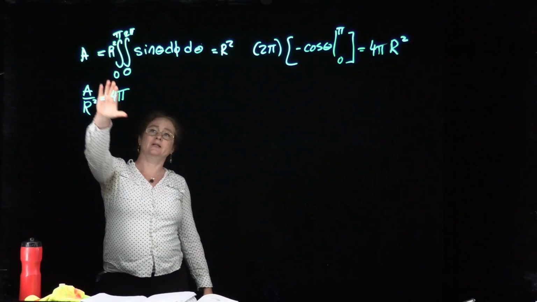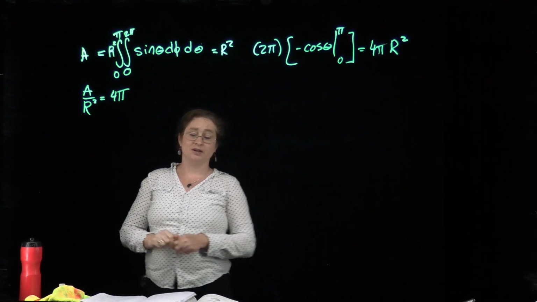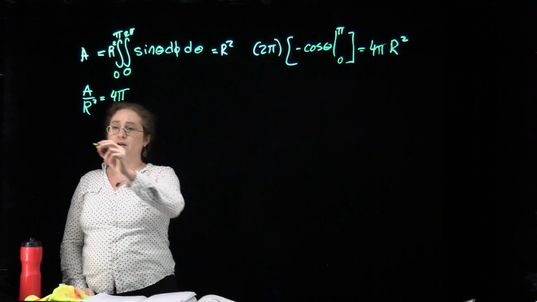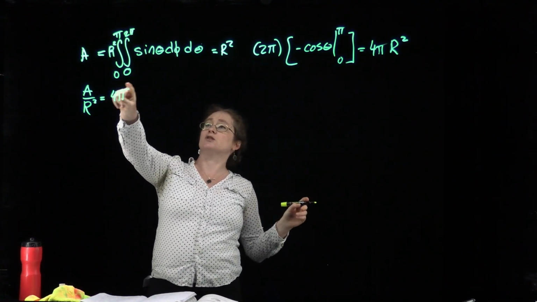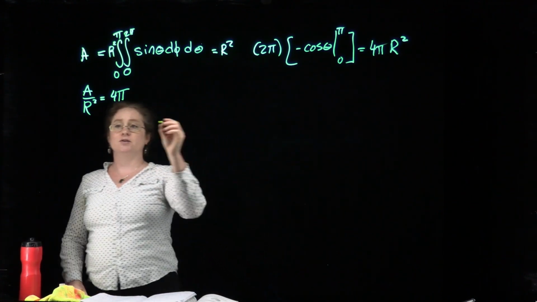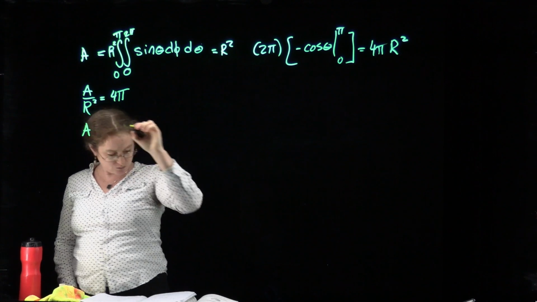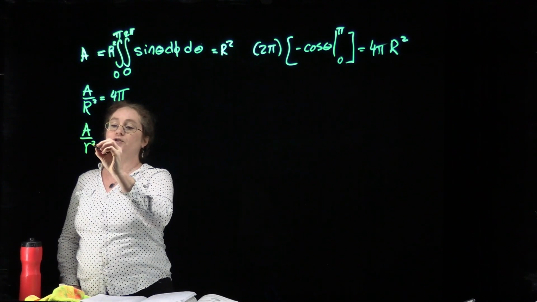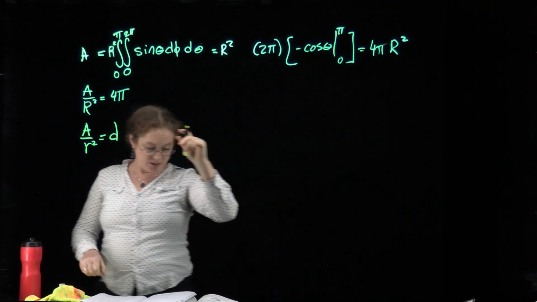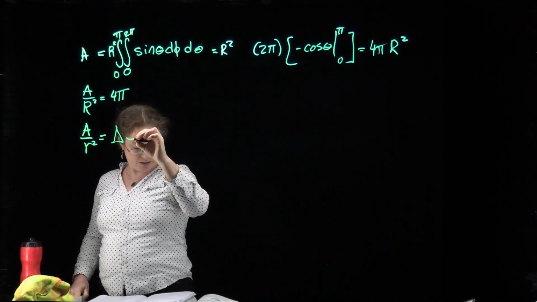Now, here I happened to integrate over the entire surface area of a sphere, but I could just as well have chosen some smaller set of angles. So I'm going to restrict where I'm going in angle. It doesn't really matter how much I restrict it. A over r squared is going to equal what we call the solid angle that I have integrated over.